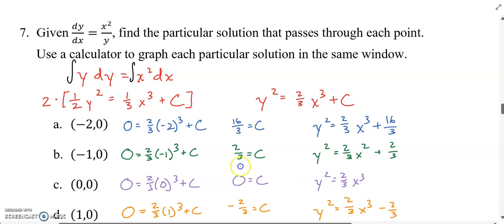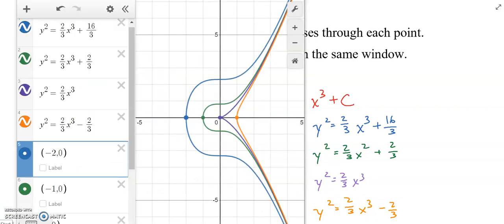All right, and I'll pull up some graphs so we can take a look at each one of these solutions. You'll notice that with this collection of graphs, the blue one is this curve right here that goes through the point (-2, 0). The green equation is the one that goes through the point (-1, 0), and you'll notice that (0, 0) and (1, 0) are also being traveled through by their respective particular solutions.